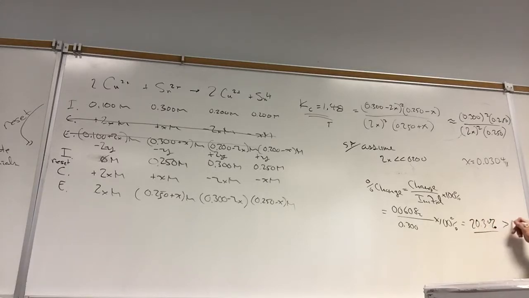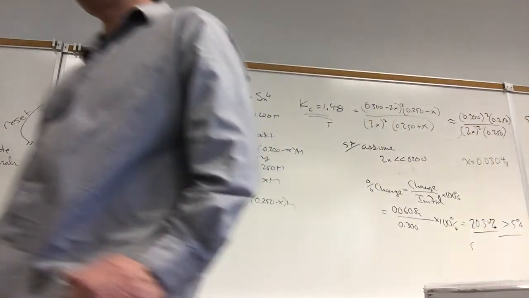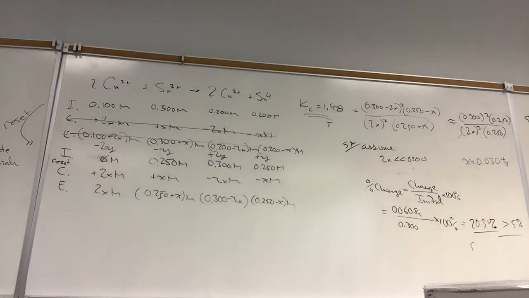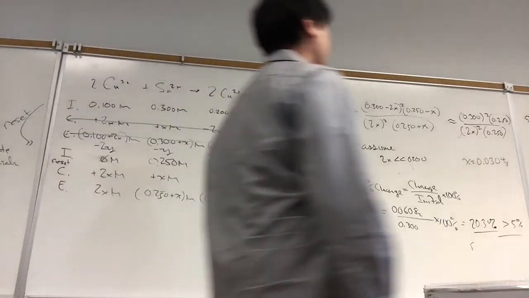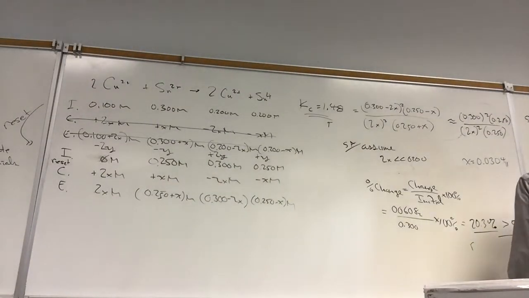Okay, this is greater than our arbitrary cutoff of 5%, and so the simplifying assumption fails. Although it failed, we didn't waste too much time, right? And this gives us a good starting guess for successive approximations. If the simplifying assumption fails here, then we have to use successive approximations.